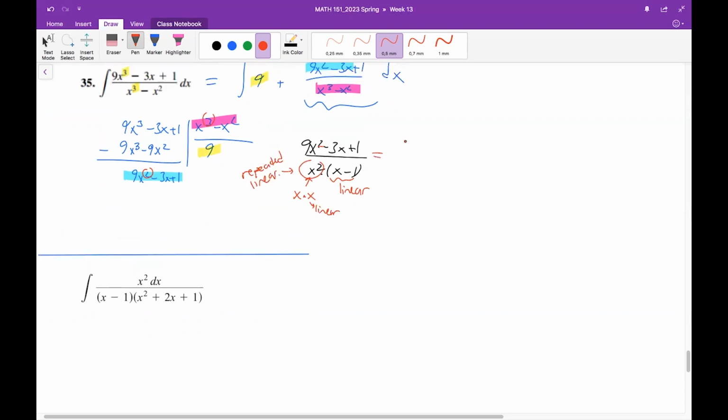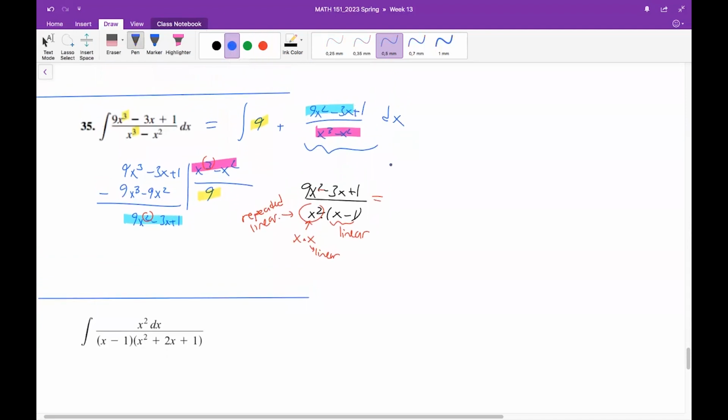Now I will explain how to write its partial decompositions. If you have a linear factor, you put just a constant above and write it. But if you have a repeated linear factor, you do the same: put a constant, and repeat, till you reach the same exact power here.